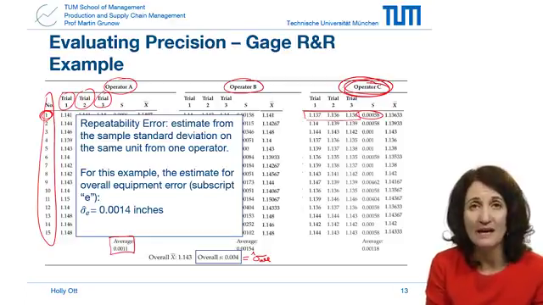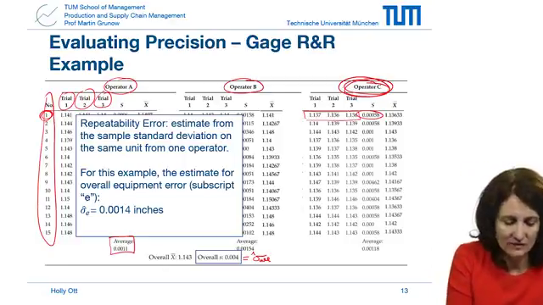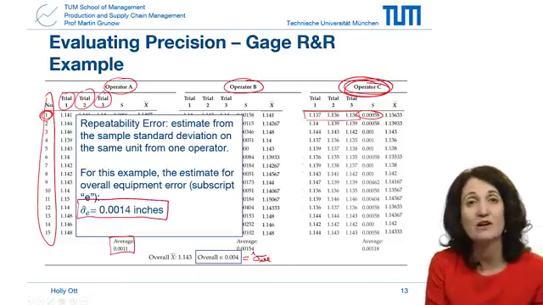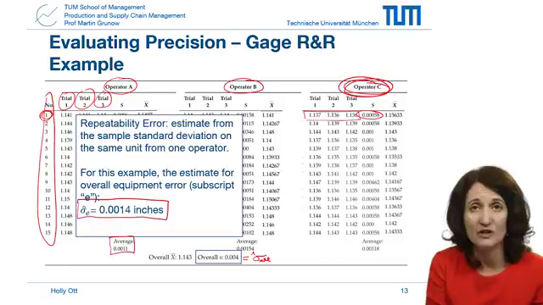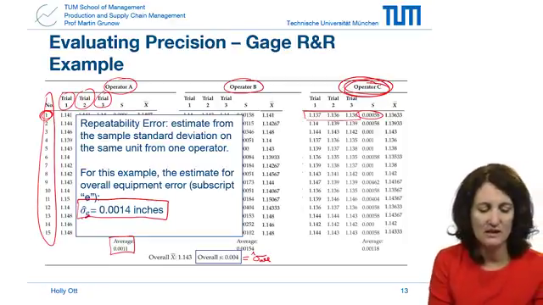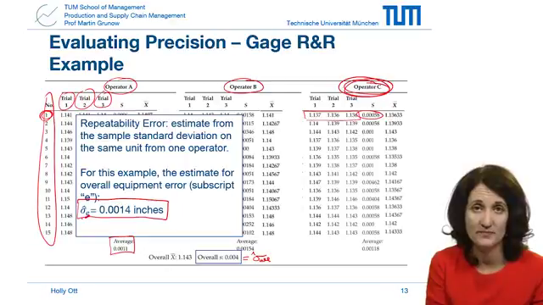And if we combine all of those, which again we're not doing in this course, but it's easy enough to do, it just takes a statistical package normally to help you, we can calculate an overall estimation for the equipment error, the repeatability error. And E, again, is for equipment. And in this example, it's 0.0014 inches.